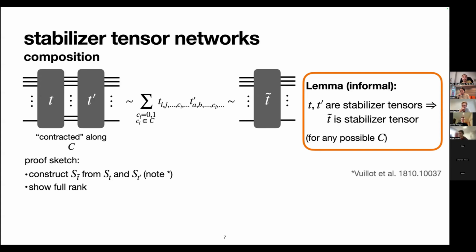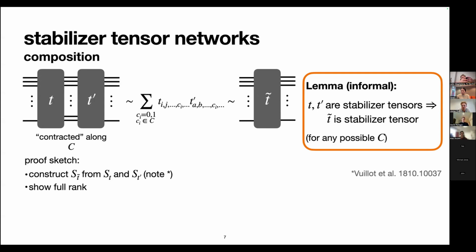is how do I still extract this full rank stabilizer group when contracting? Graphically, this would correspond to which Paulis can I push through both tensors and then annihilate in the middle along the contracted edges. So it's about the stabilizers that overlap on the edges that are contracted.